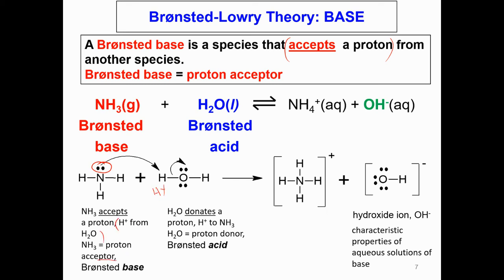So the proton acceptor is the base. Then for water, we know it has H+ and OH-. Now the H+ has been donated, so we say it is a proton donor, a Bronsted acid. How do we know that it is basic? Because OH- is the characteristic property of aqueous solutions of bases.